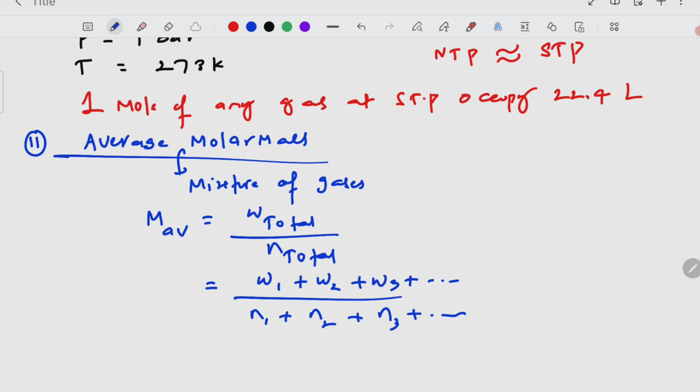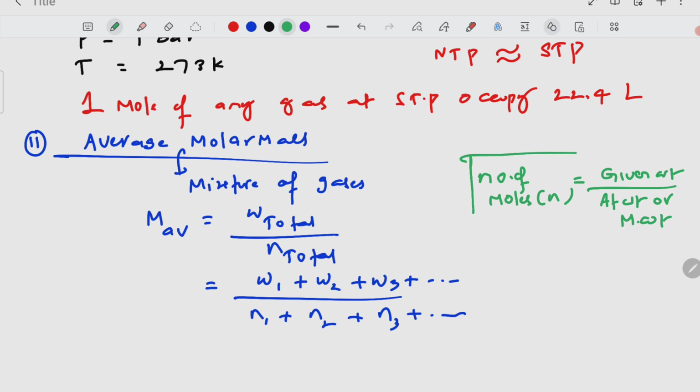Okay, and the most important commonly used formula here: number of moles, represented by small n, is equal to given weight divided by atomic weight or molecular weight.